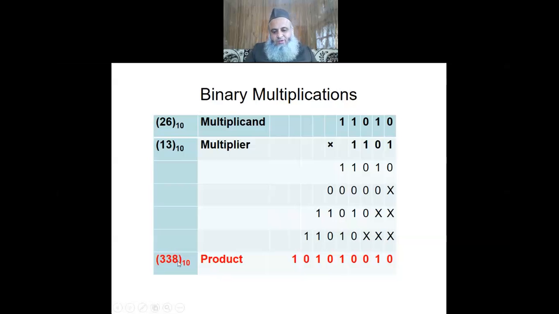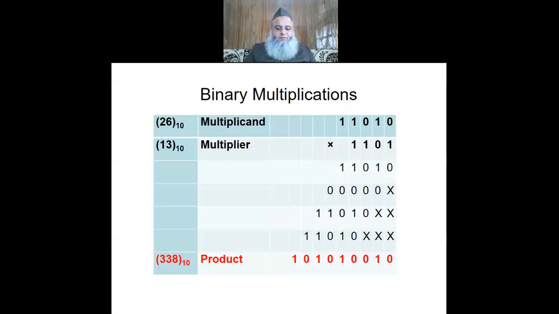Let us see if this is 338. Let me add them up also like this. 0, this is 2. 2, 4, 8 are not there. This is 16 to the power 4. So 2 plus 16 is 18. Now 32 is not there, 64 is there. 128, 2 to the power 7, is also not there.